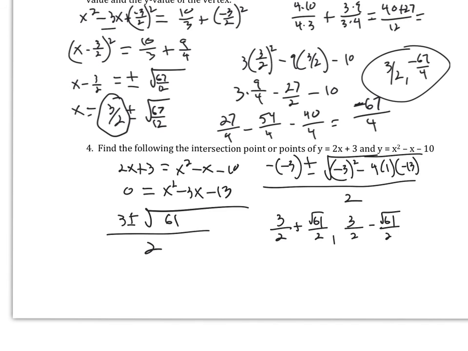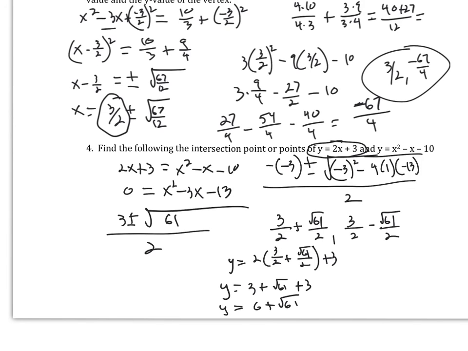Now notice we also need to find the y coordinate. It'll be a lot easier to plug it into this than to the other. So we're going to get y is equal to 2 times 3/2 plus root 61 over 2 plus 3, which is 3 plus root 61 plus 3, or y is equal to 6 plus root 61.